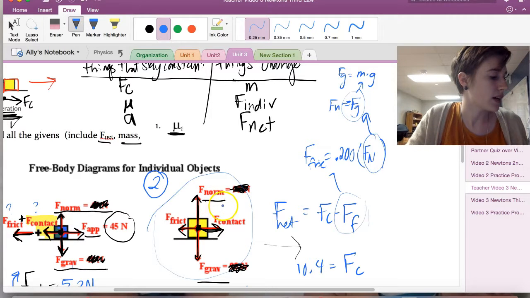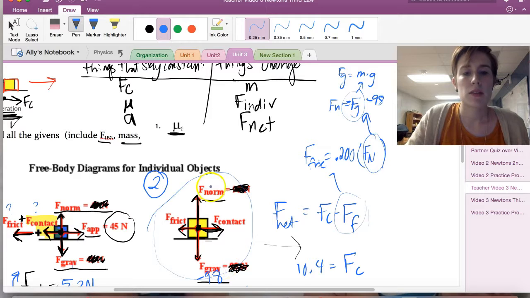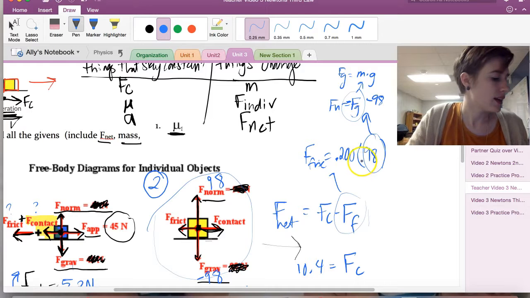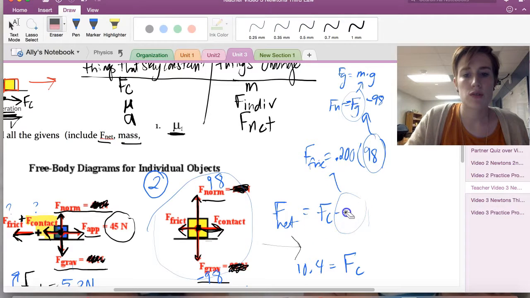Gravity is negative 9.8. So my force of gravity is negative 98 newtons. Let's put that down here. That means my normal force is the opposite. It's 98 newtons, so let's put that in right here. 98 newtons is my normal force. So 98 times 0.2 gives me 19.6. That's my friction force, 19.6.